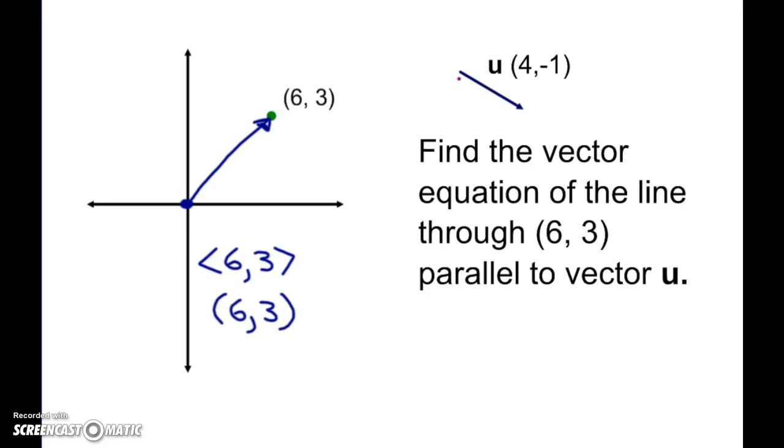Okay? And then, we're going to add this vector over here. And that vector is 4, -1. That does not get me the line. That gets me the point.